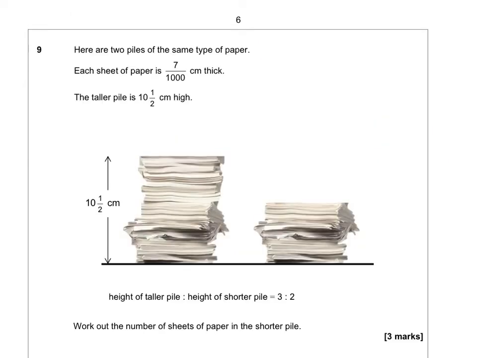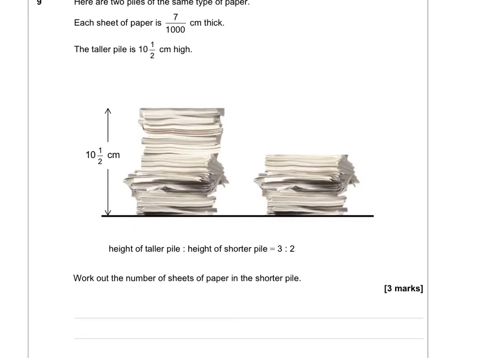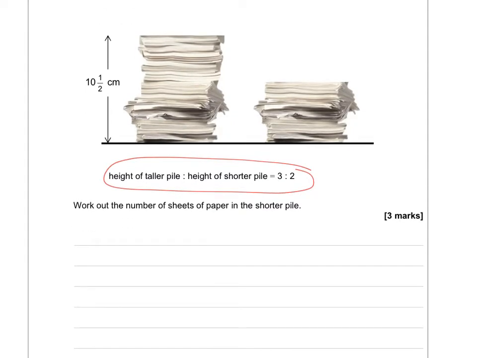Question 9. Here are 2 piles of the same type of paper. Each sheet of paper is 7/1000ths of a centimetre thick, and the taller pile is 10.5 centimetres high. The height of the taller pile to the height of the shorter pile has a ratio of 3:2. So that is a ratio of 3 for the taller pile to 2 for the shorter pile.